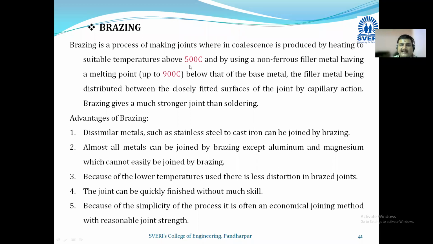See, two types of temperature are part of the brazing process. First temperature is 500 degrees centigrade. And second is about the non-ferrous filler metal, which is known as the spelter. And this spelter has a melting point of 900 degrees centigrade.